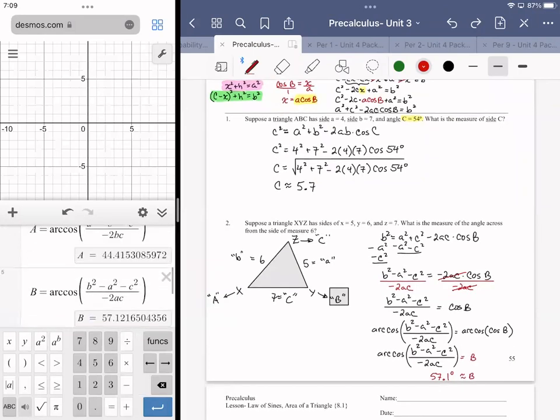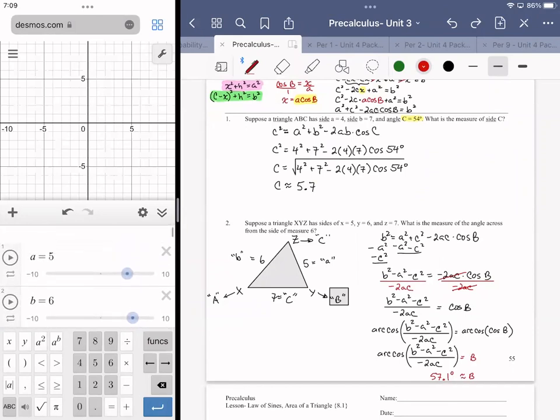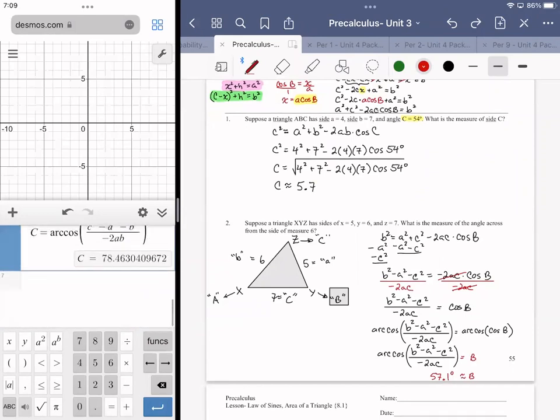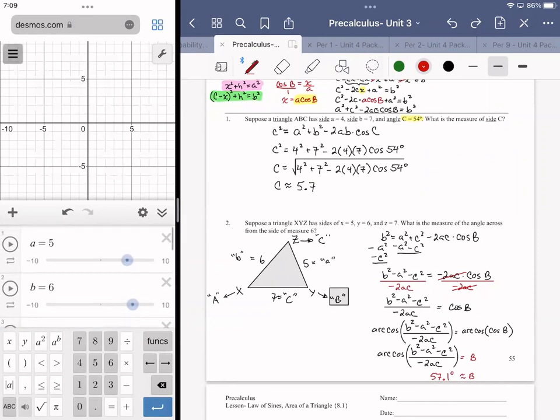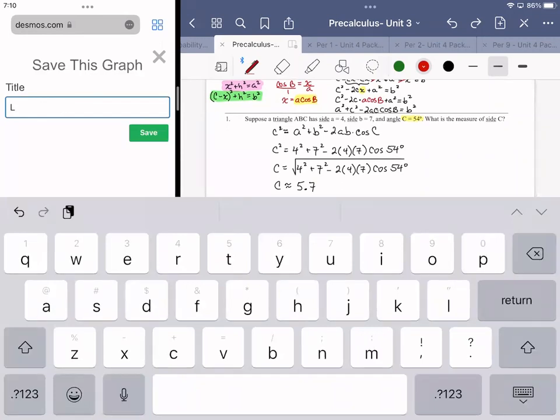Now we've got a Desmos that's ready to rock and roll to figure out the angles given the sides. All right. So let me say, save: law of cosines, finding angles.